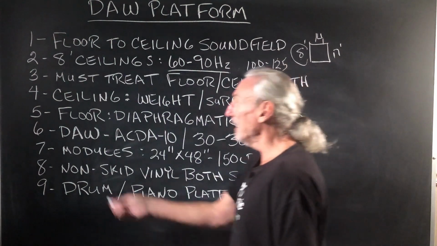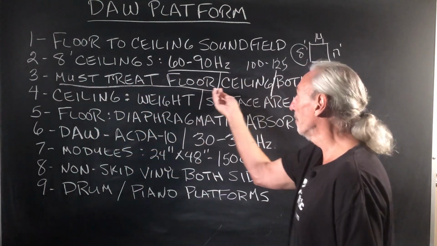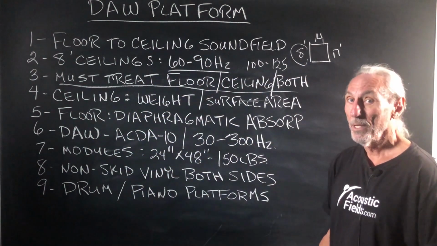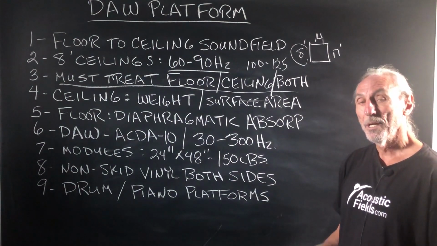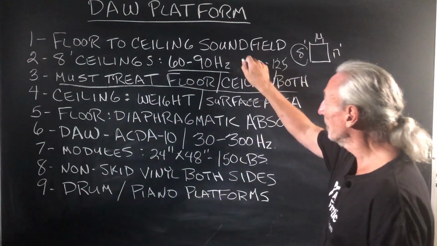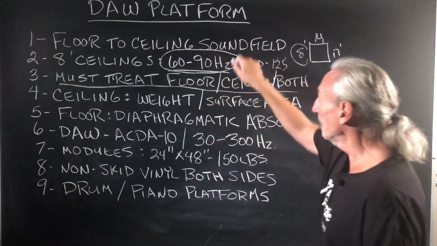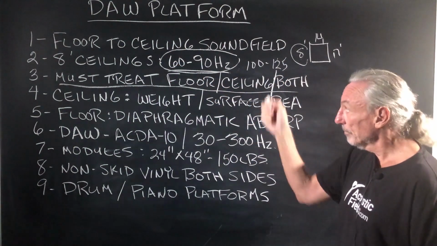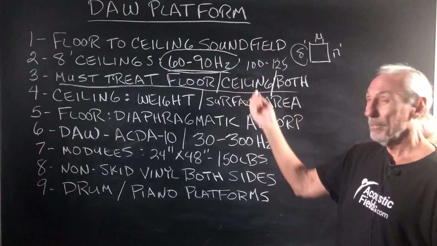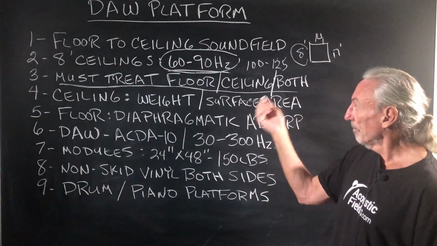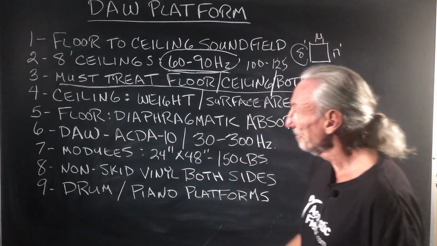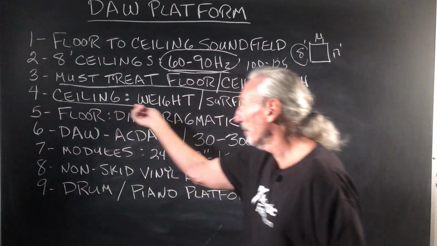So ideally, we must treat both the floor and the ceiling. In most situations, to get the surface area coverage we need to resolve these kinds of frequency and amplitude issues, okay? So the bottom line here is treat both surface areas. Now, we don't always have room to treat both surface areas, so we have to start looking elsewhere.